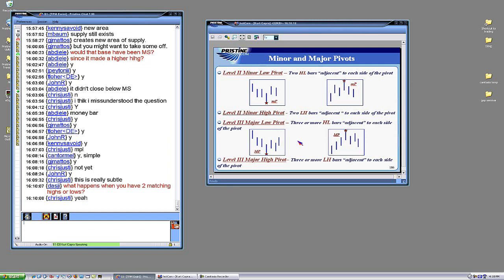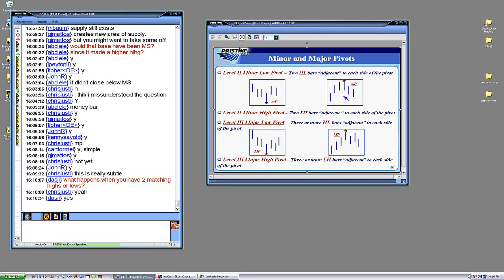And so again, what happens when you have 2 matching highs or lows? Something like this, if it's side by side, then it's not by definition a pivot. But part of it is using common sense too.